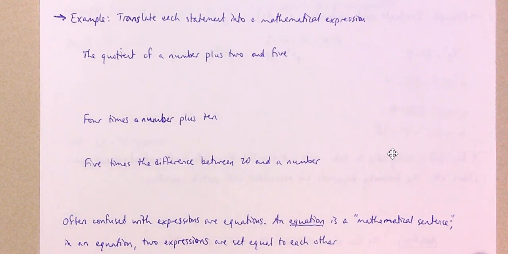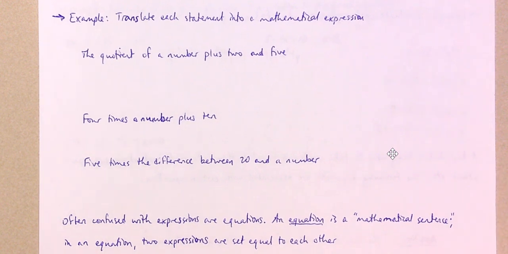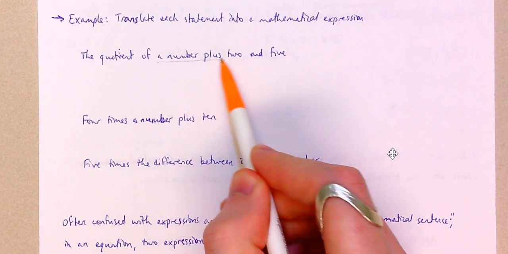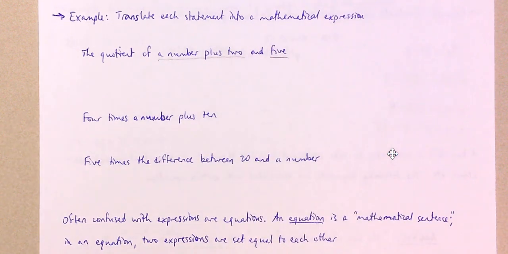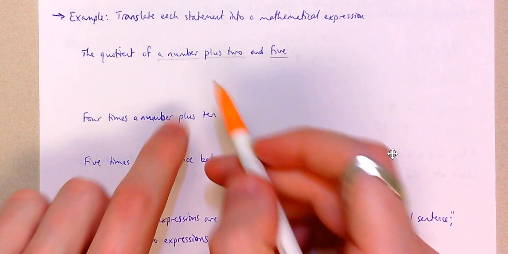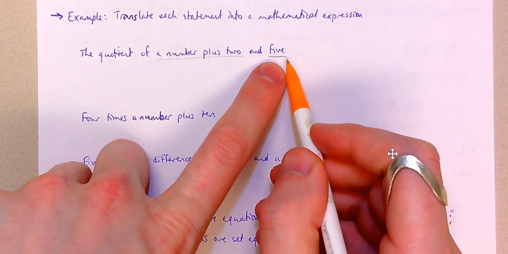The quotient of a number plus 2 and 5. Now, this does require some careful reading. When you see the quotient of a number plus 2 and 5, the quotient of blank and blank, here's my first blank, there's my second blank.